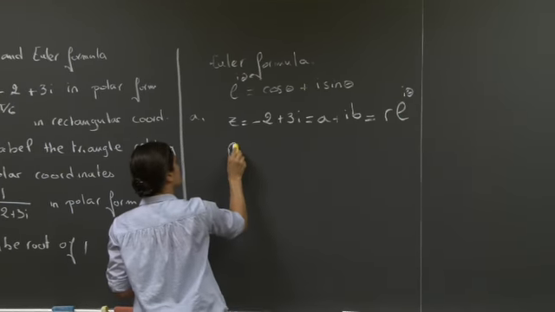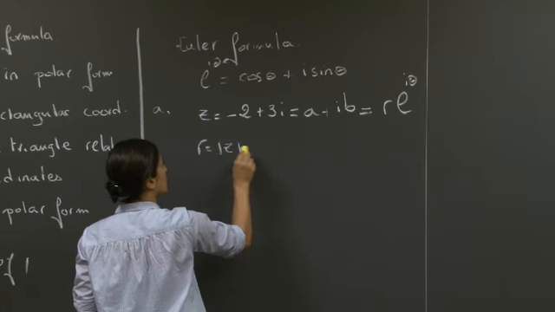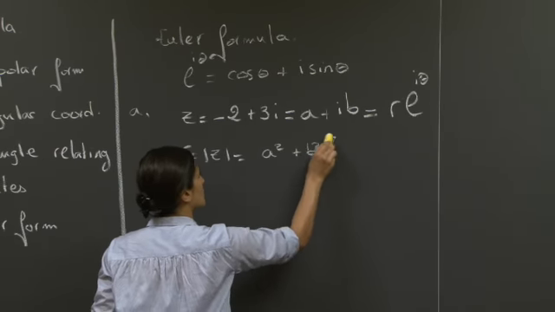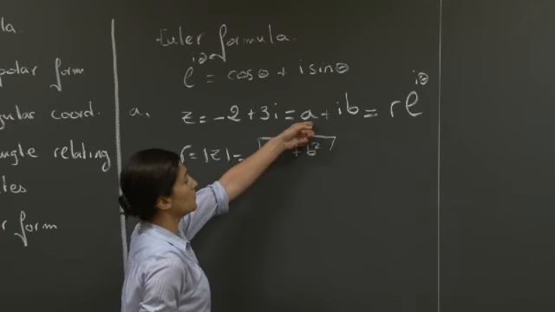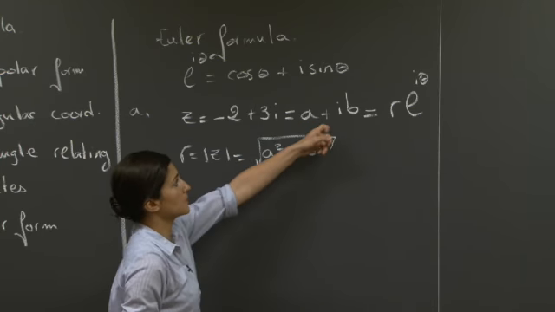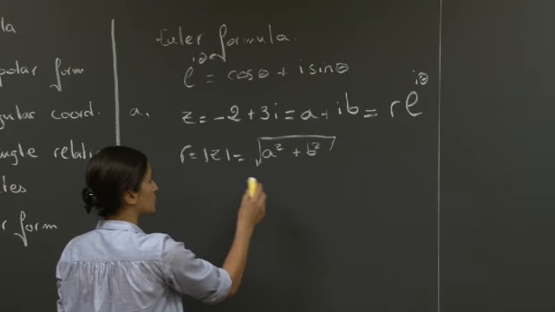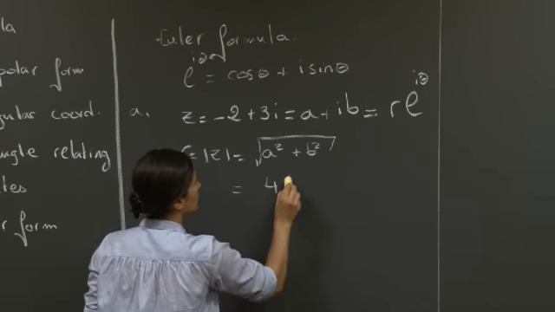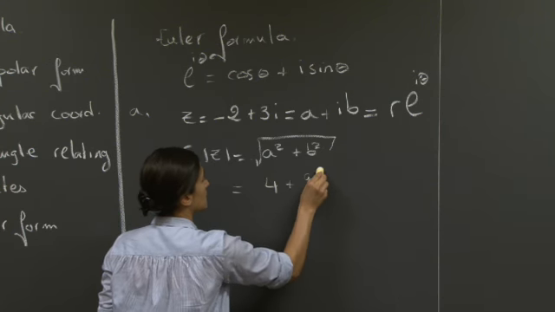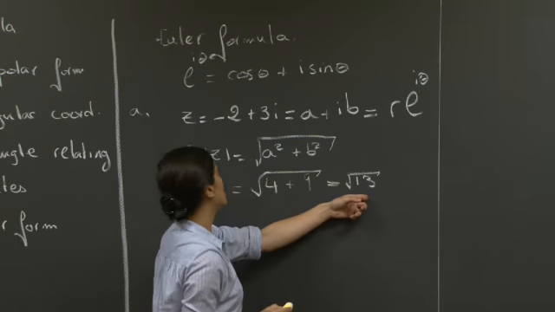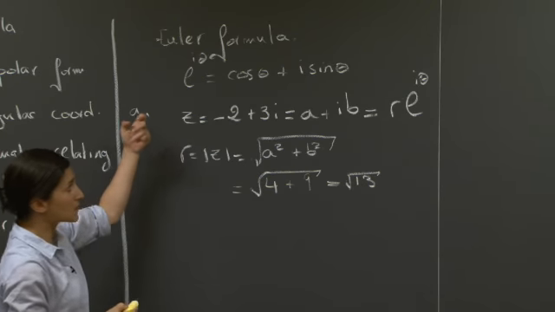R is the modulus, which we can compute when we know its rectangular form: the real part squared plus the imaginary part squared, the whole thing under the root. In this case, we have 4 plus 9, so we end up with root of 13 for the modulus of the complex number z.